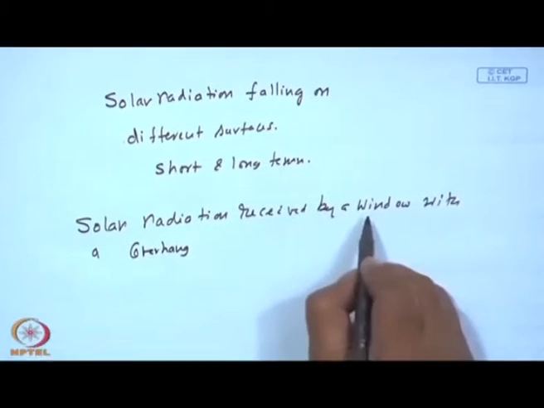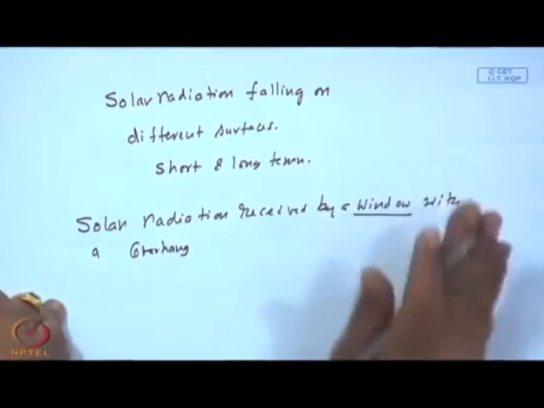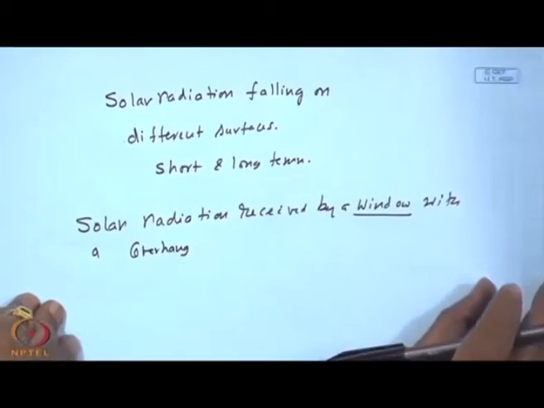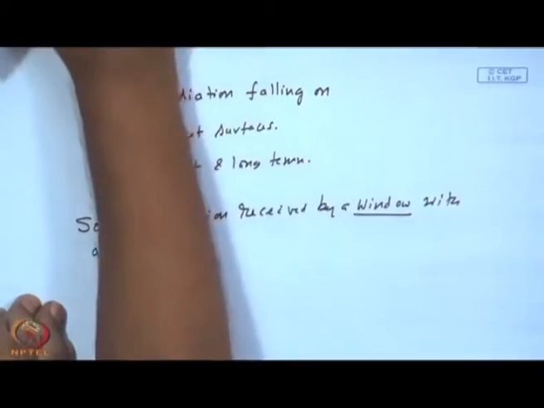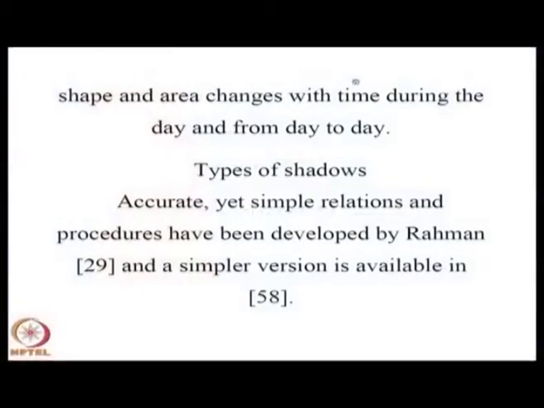It does not have to be a window, it can be any surface which is shaded by sort of an overhang. So, we do have results for this accurate description of the shadow in the Rahman or in available 58 reference, which I shall give at the end of this lecture series.